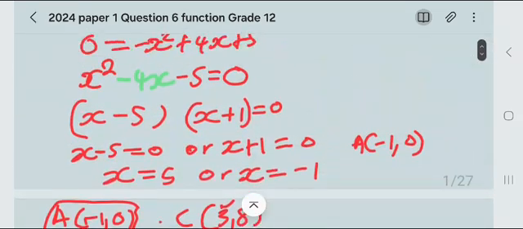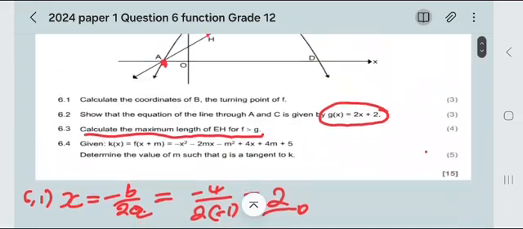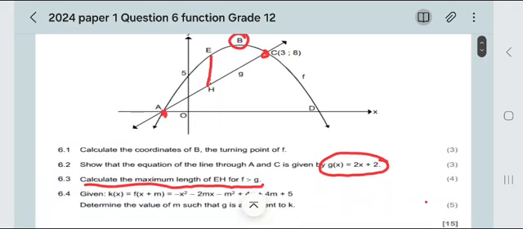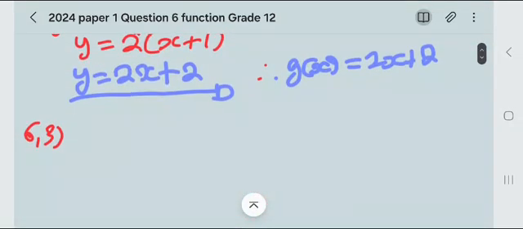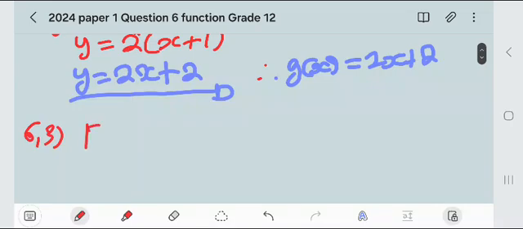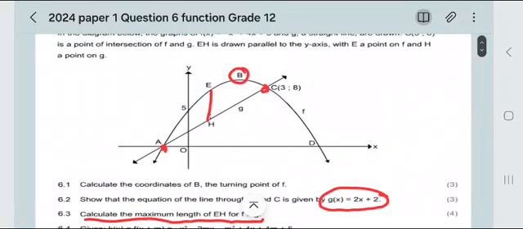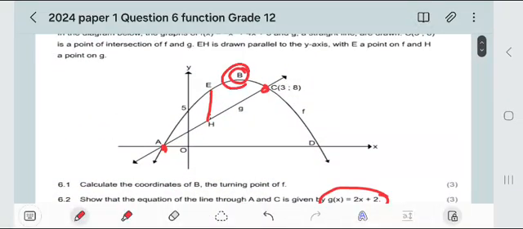So they say the maximum length of EH, right? EH can be found by taking the length of the top one, HF, which is f of x, then you subtract g of x.